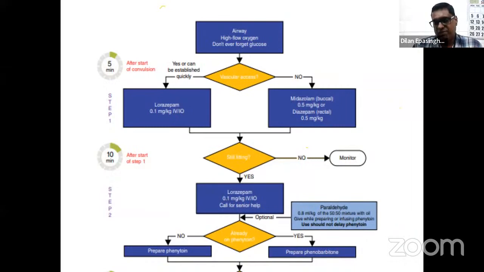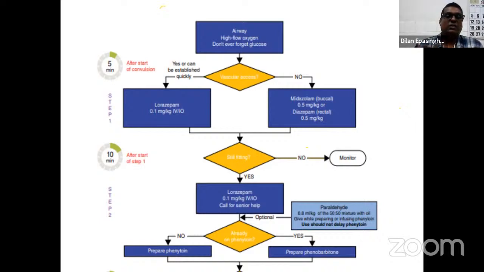If you don't have lorazepam, and in the Sri Lankan situation we don't have much lorazepam, especially in peripheral units, then you can use midazolam IV, IM, or buccal, or diazepam IV and rectal. The doses are: buccal 0.5 milligrams, midazolam 0.15 milligrams IV, and 0.2 milligrams IM.